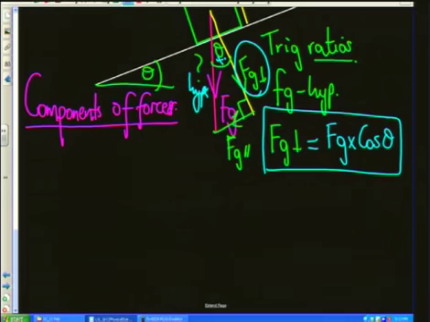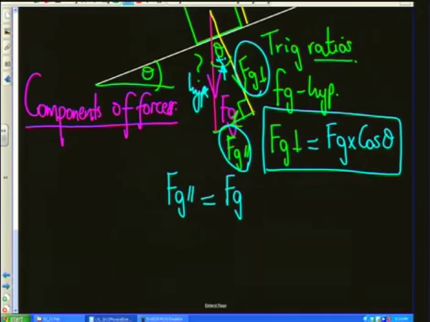Now, Fg parallel, how am I going to do that? Let's write Fg parallel here. Fg parallel will be given by, again, the Fg times what? Look at where Fg parallel is. Fg parallel is opposite the angle.